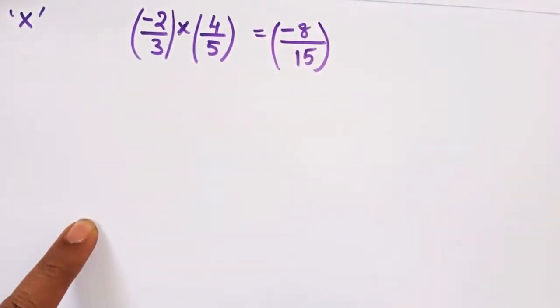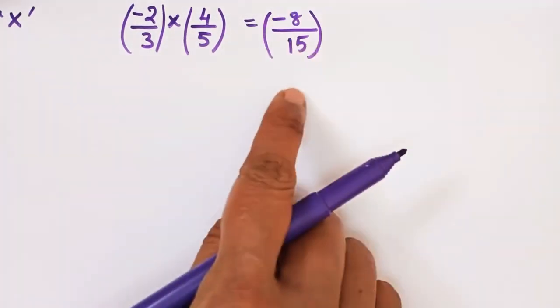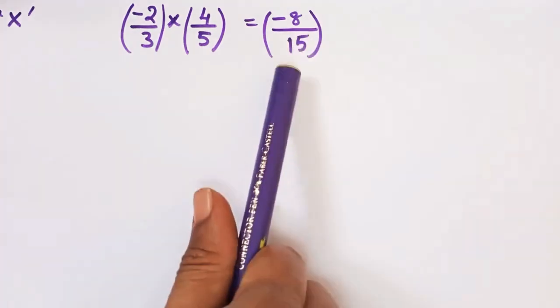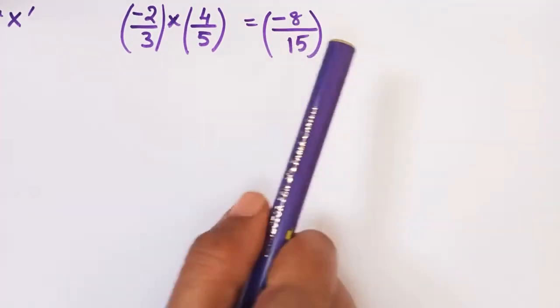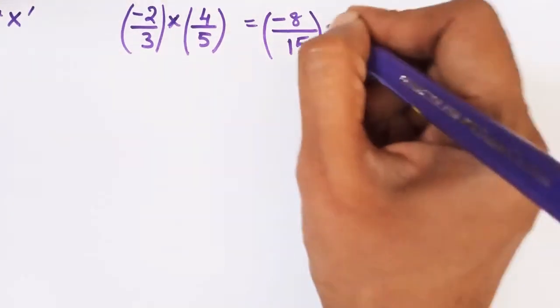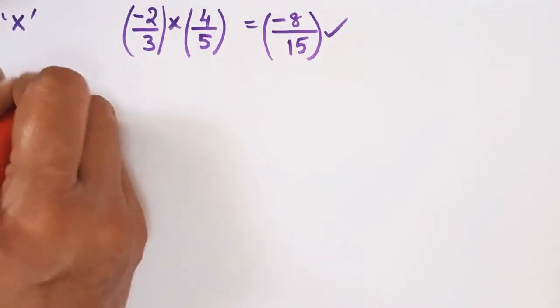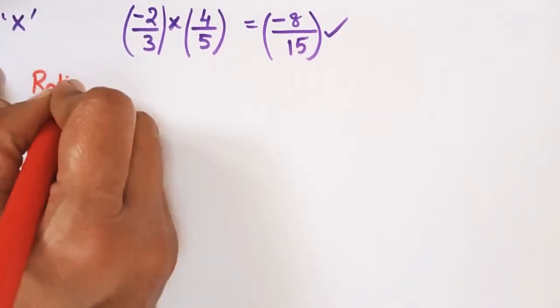So is minus 8 by 15 a rational number? Of course, it's in P by Q form where minus 8 and 15 both are integers and the denominator is not equal to 0. So my minus 8 by 15 is a rational number. Therefore, I can say that rational numbers are closed under multiplication.